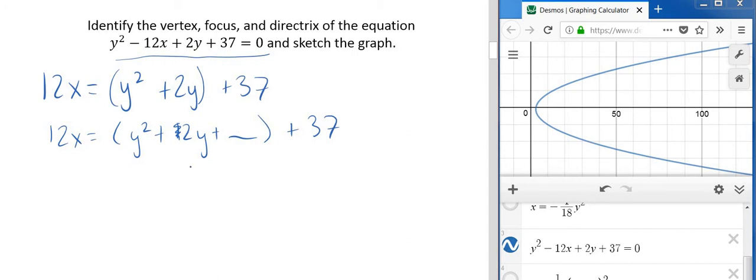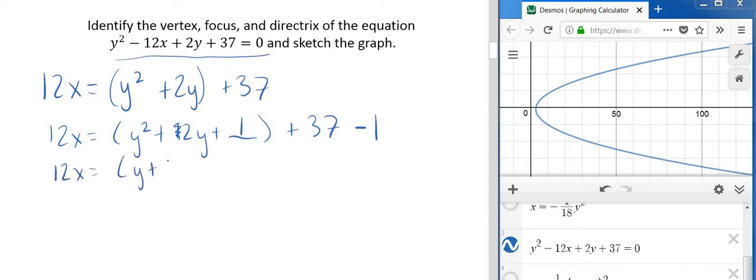Half of 2 is 1, squared is 1. Now watch how I do this. I just added 1 to this side of the equation. A lot of times we'll add 1 to the other side. You could do that. But I'm going to get x by itself over here. So I'm just going to subtract 1 right here. Now notice I'm just working on this right side of the equation. So I just added 1, subtracted 1. Really I just added 0 to this equation. So let's see where that gives us.